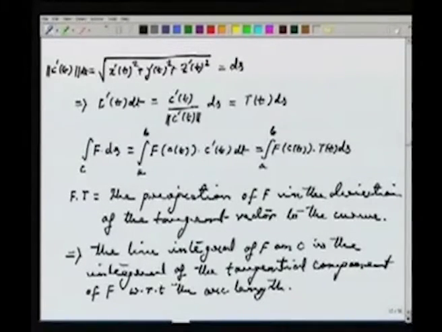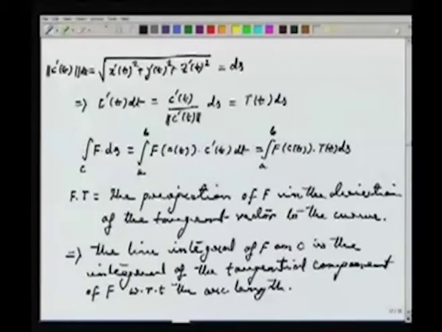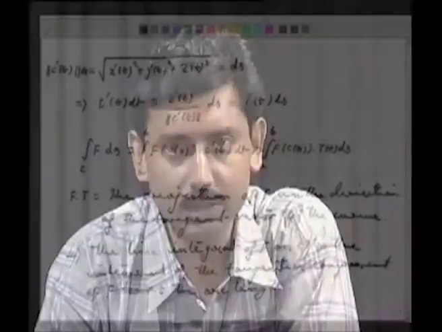So I will repeat again. What I have shown is that the integral of f over the curve c is the integral from a to b of f of c(t) dot T(t) ds. Now f dot T is the tangential component of the function in the direction of the tangent T on the curve c. That component is now getting integrated with respect to the arc length of the curve.